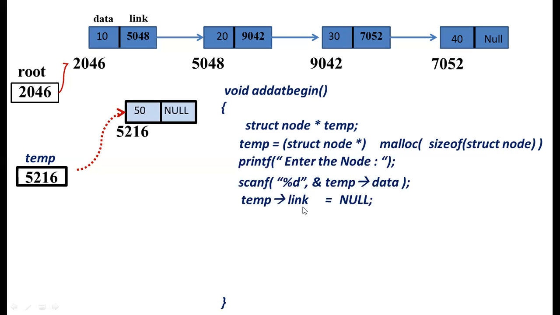Now we have to deal with the connection part. First we need to check if the root is equal to null. Then the temp value is assigned to the root. Else, we have to write our logic in the else part, since the root is pointing to some other nodes starting at location 2046. The root is not pointing to null, so the if condition fails and the else block will get executed.